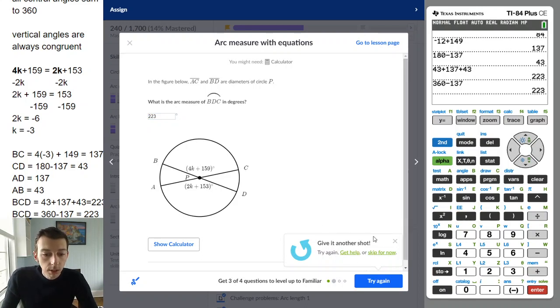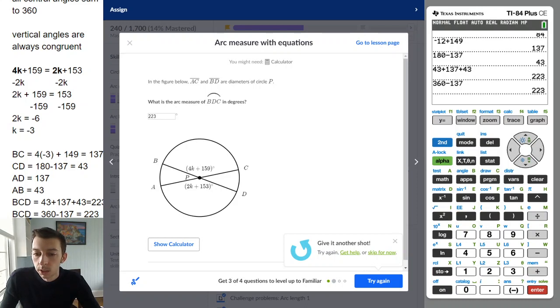Now, looks like we maybe made a mistake, so let's try and fix that. So I'll go back. I set my expressions equal here. 4K plus 159 is equal to 2K plus 153. Subtracted 2K from both sides. 2K plus 159 is equal to 153. We subtracted. Got negative 6, negative 3.